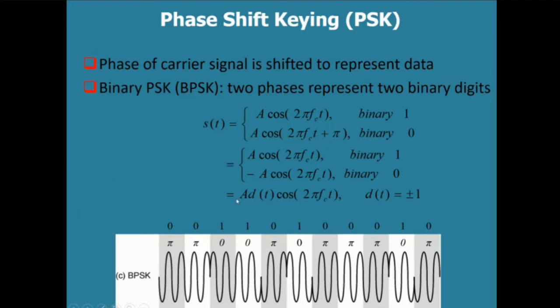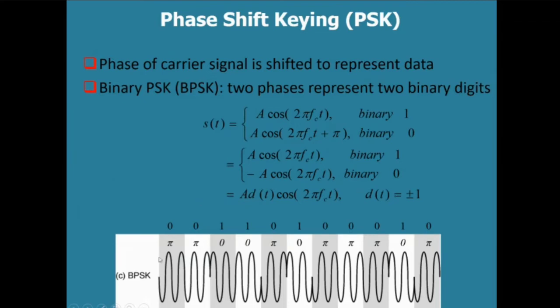That is represented by d of t. A is the amplitude of your carrier signal, d of t is the difference. So d of t equal to plus 1 for binary 1, and d of t equal to minus 1 for binary 0. So generally the binary phase shift keying output is represented by S of t equal to A into d of t cos 2 pi fc t, where d of t equals plus or minus 1: plus 1 for binary 1 and minus 1 for binary 0.